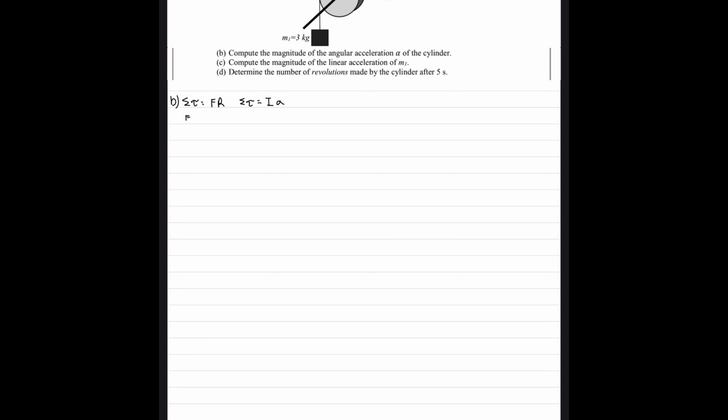So F r is equal to I alpha. But in this case, the force that's causing the solid cylinder to rotate is tension. The weight is causing the block to go down. So I'll write it first: mg, with the tension pulling up, is equal to ma.